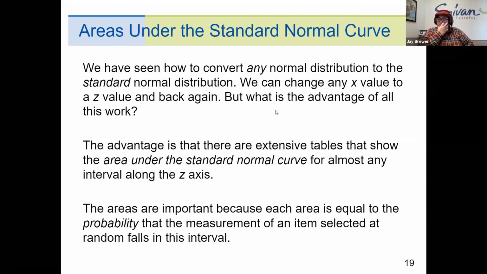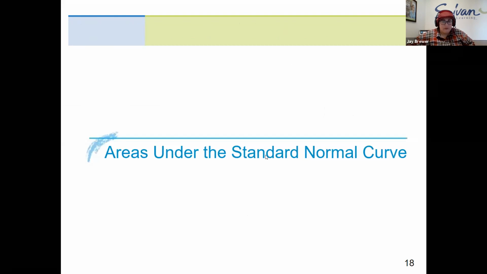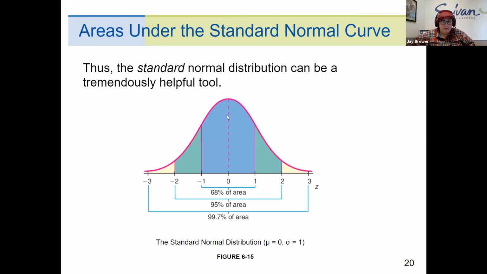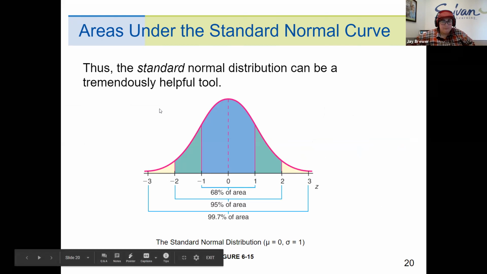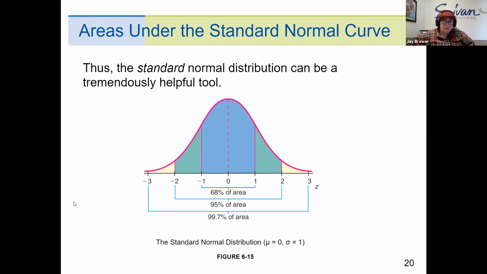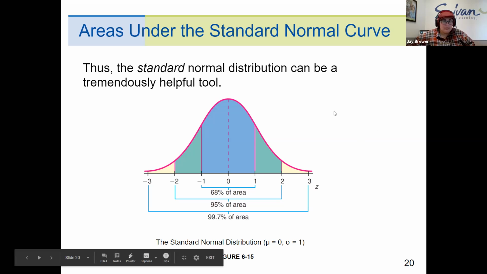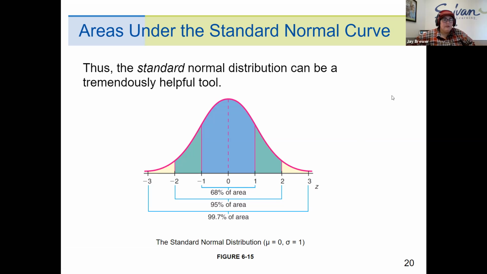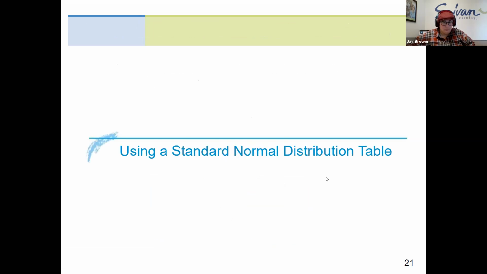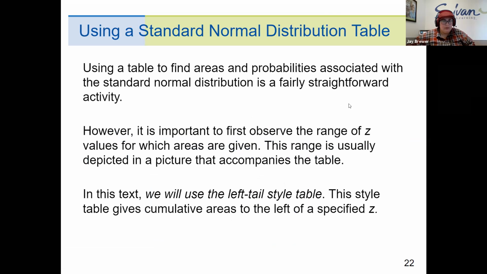So areas under the standard curve, now this is where the z-score comes into play. The rule that we just learned will help you out as long as it's a standard normal distribution. However, if you have to use z-scores, you have to use the standard normal distribution table.